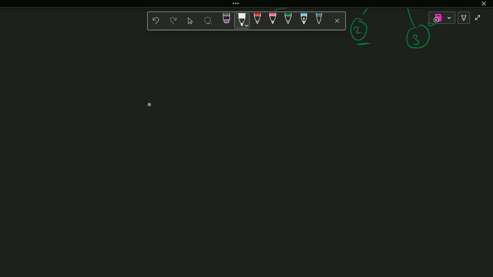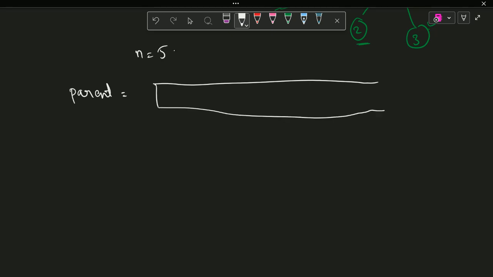To calculate the union and find, we keep track of the parent. Initially, the parent element is itself only. For example, here we have given n is equal to 5, so we take 0, 1, 2, 3, 4. We initialize an array 0, 1, 2, 3, 4. Initially, the parent elements are themselves, so parent of i is equal to i only.